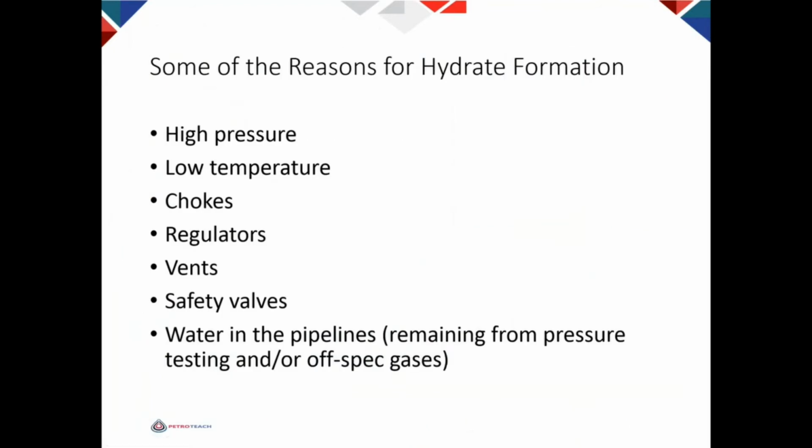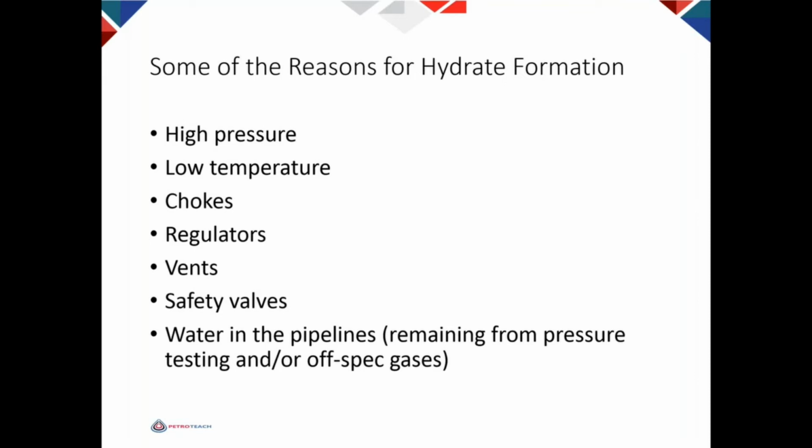Now, the conditions in which we can form a hydrate blockage or hydrate problem are high pressure and low temperature. When we have a choke, regulator, vent, or safety valve, the safety valve opens and can form hydrate, blocking the safety valve itself.